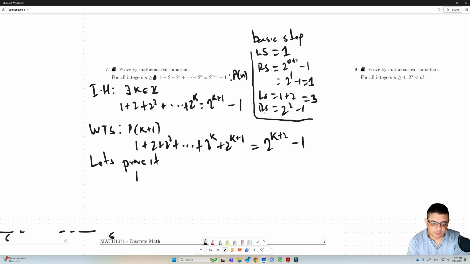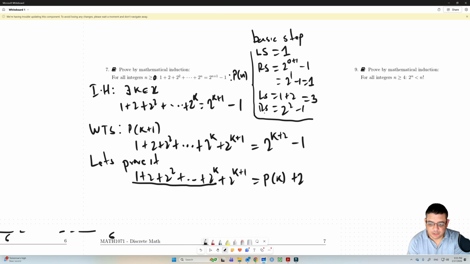We'll start with the left side. 1 plus 2 plus 2 squared up to 2 to the k plus 2 to the k plus 1. Notice that this piece is just going to be P of k. So this is equal to P of k plus 2 to the k plus 1.